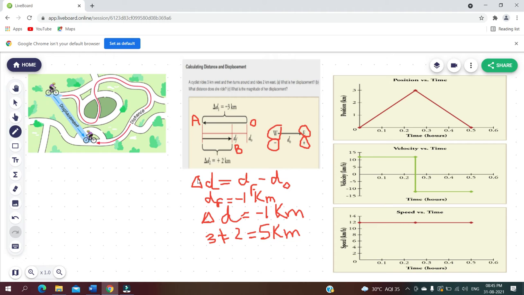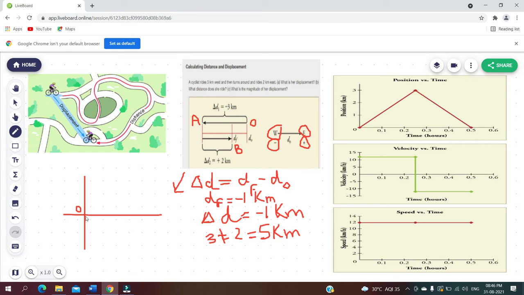Now, part C, what is the magnitude of our displacement? This numerical value, this 1 kilometer, is the magnitude of the displacement. If we want to further represent this motion on a graph, how can I represent it? Suppose this is the initial point O, which is taken at 0 level.